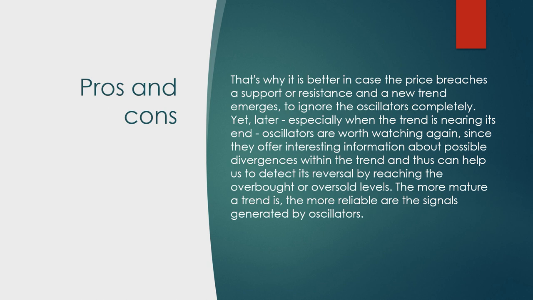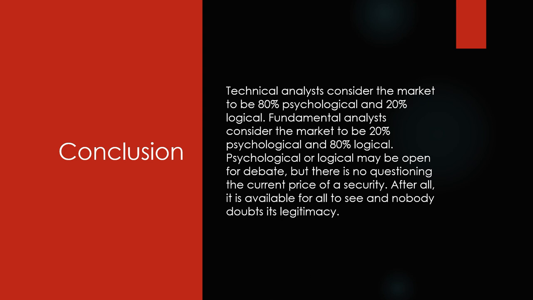You have to decide what type of trader you want to be, what you're going to rely on, what works best for you. So technical analysis considers the market to be 80% psychological and 20% logical. Fundamental analysis considers the market to be 20% psychological and 80% logical. Psychological and logical may be open to debate, but there's no questioning the current price of an asset.